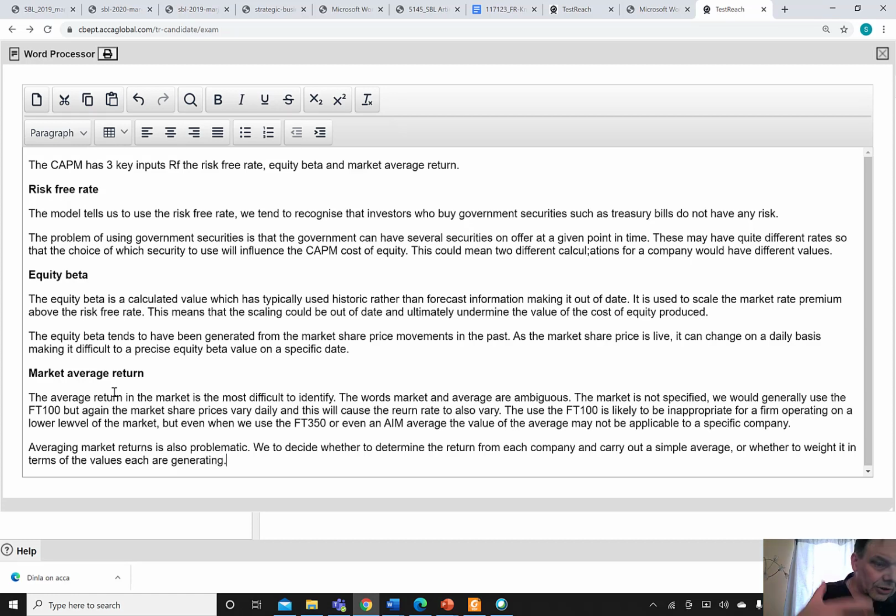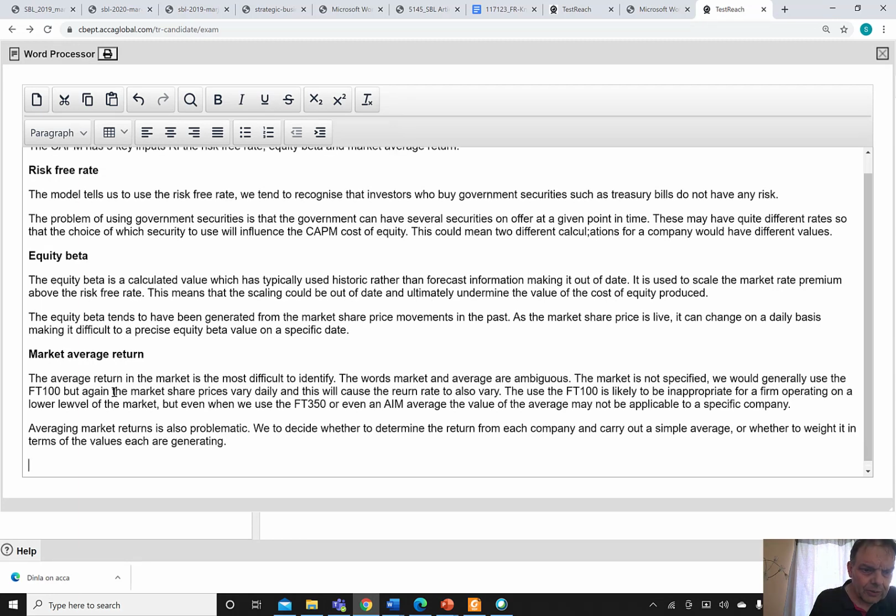I suppose there's another one which is to do with the time period, but that isn't really an input, so I would leave it at that. I think here we've probably got 5 marks, which is reasonably good for a 5-mark question, so each of these little paragraphs ought to be worth 5 marks.